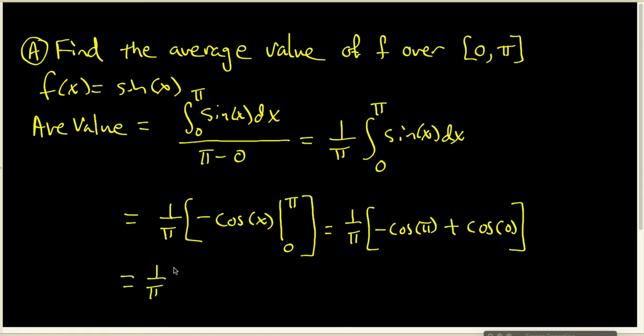So we have that 1 over pi outside, and inside my brackets I've got minus a minus 1 plus another 1. So my average value turns out to be 2 over pi. And let me clean up my notation there. So 2 over pi is the average value for my function sine x over the interval between 0 and pi.